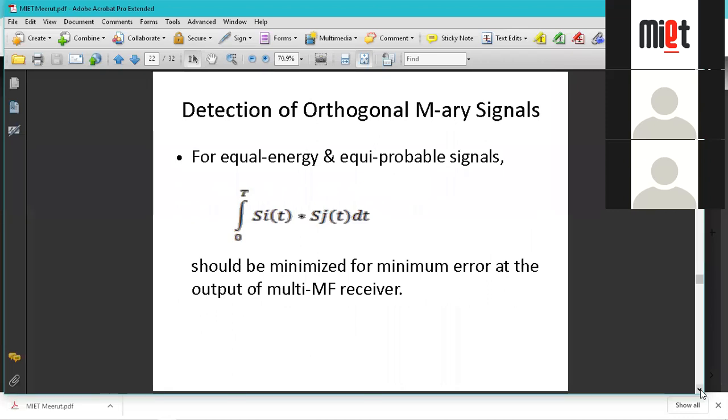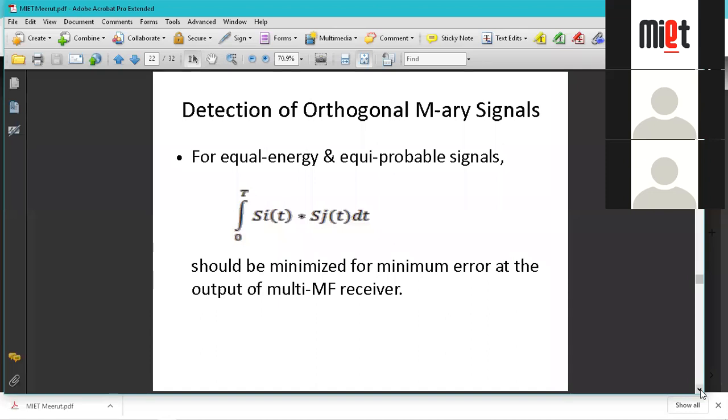So let's try to solve it. We propose a new technique called orthogonal M-ary signals. What we'll do is try to transmit many signals now, but they will all be orthogonal.